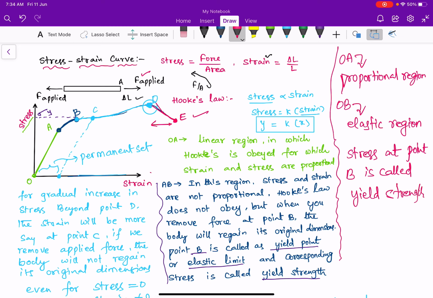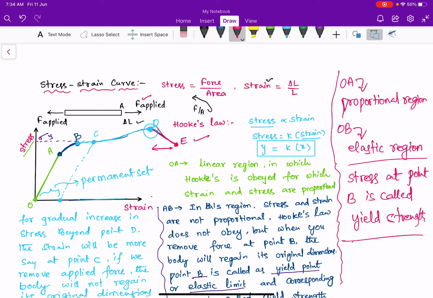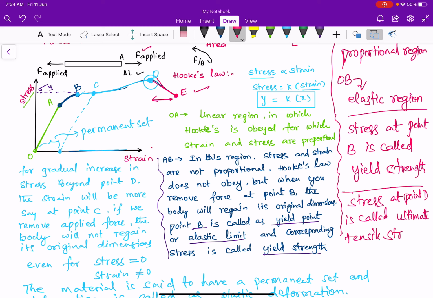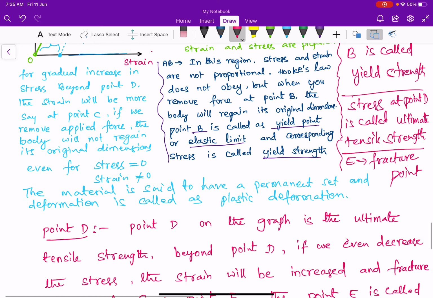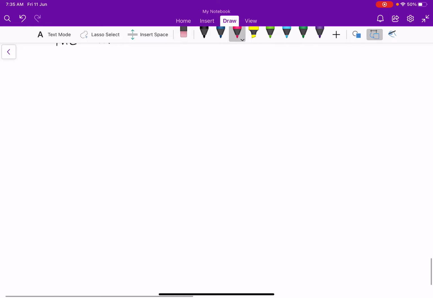Stress at point D is called ultimate tensile strength, and point E is called the fracture point. So this is the conclusion of the stress-strain curve.